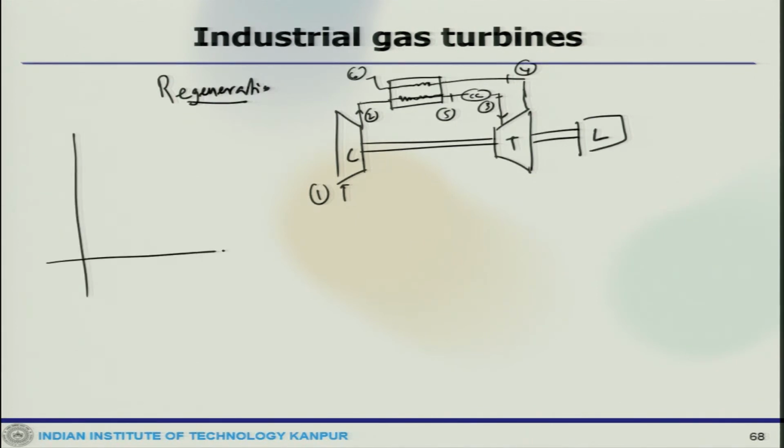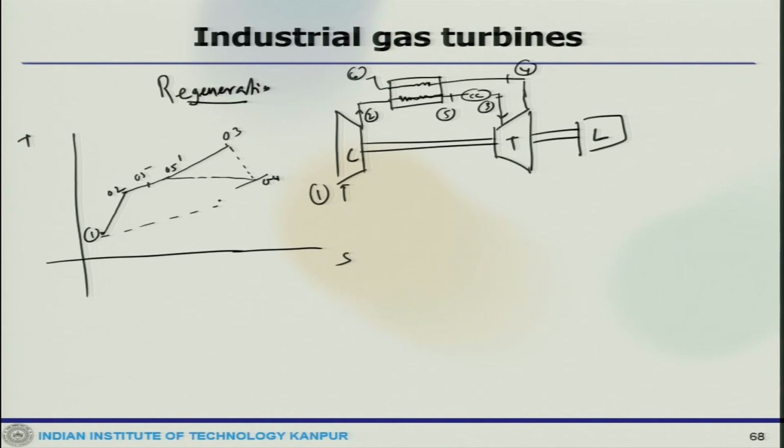If you put it in the TS diagram, 1 goes to 2, 5, 0, 5, 0, 3, this is 1, and this is 0, 4, and this is 0, 5 prime.